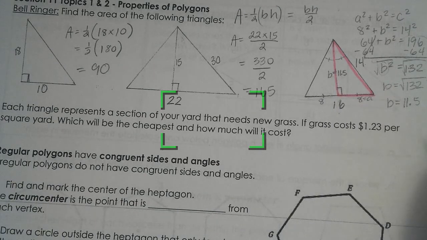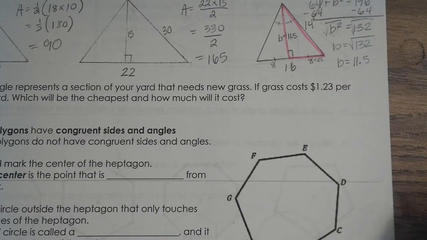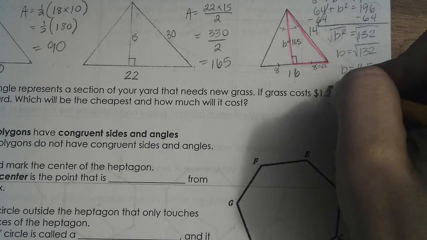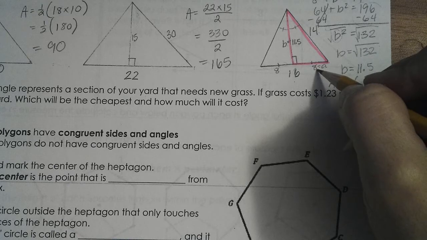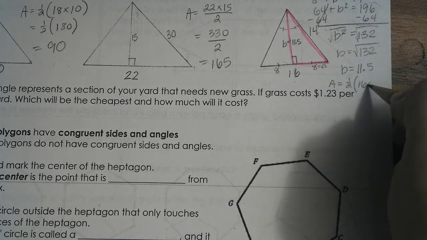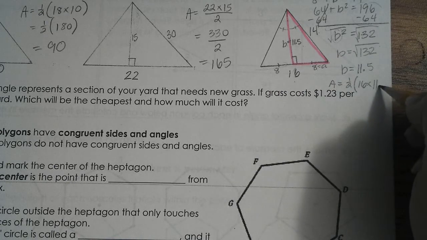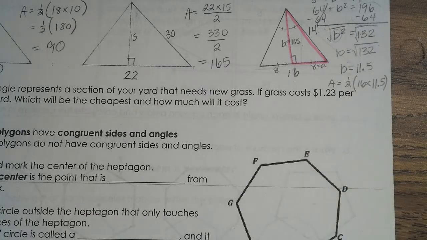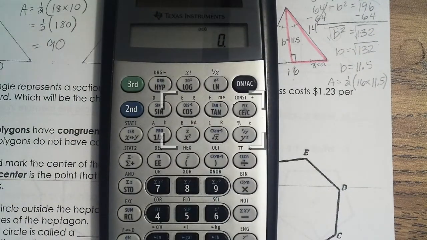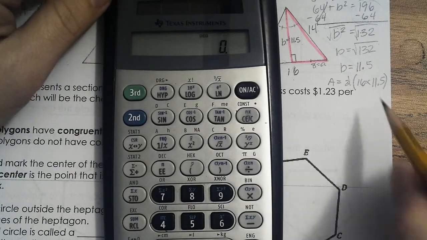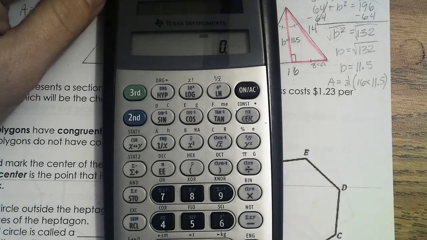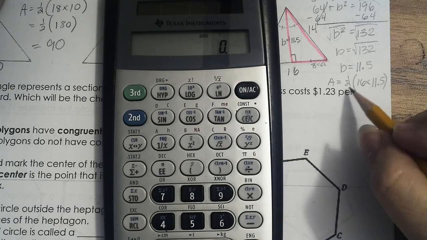So plugging those in, I'm going to scoot over here and use a little bit of the space. 1/2 times the base, 16, times the height, 11.5. When you're plugging this into the calculator, you can plug it in any order. You can say 16 times 11.5 times 0.5, or 0.5 times 16.